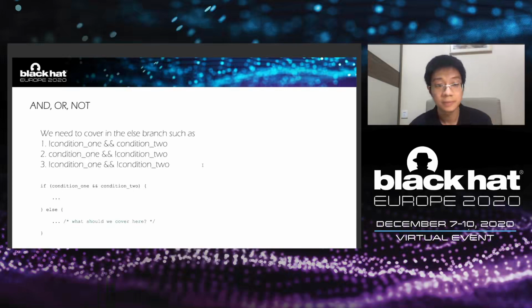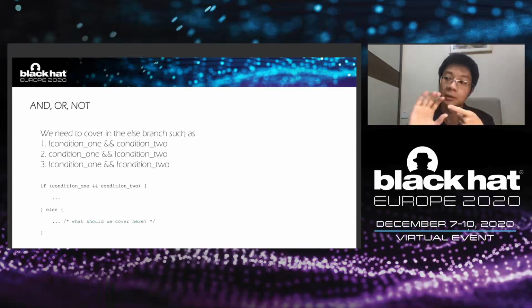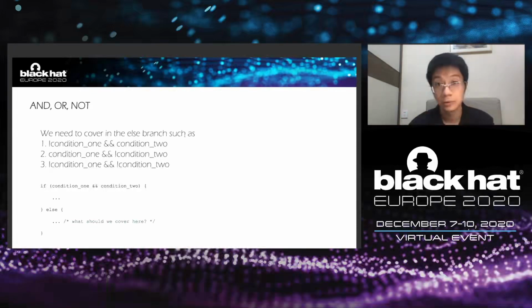If there are only two conditions, like condition A is true and condition B is also true, we need to discuss three cases in the else branch: A is not true but B is true, A is true but B is not true, and A and B are both not true. If we ignore these corner cases, they are likely to lead to potential problems.